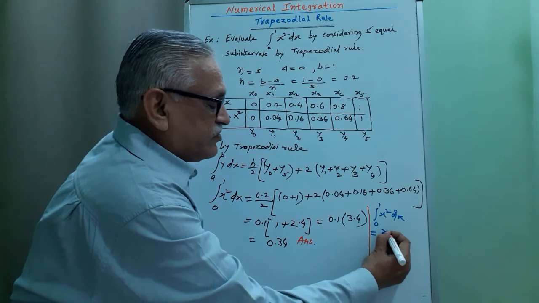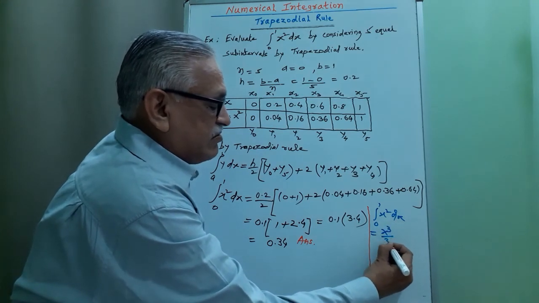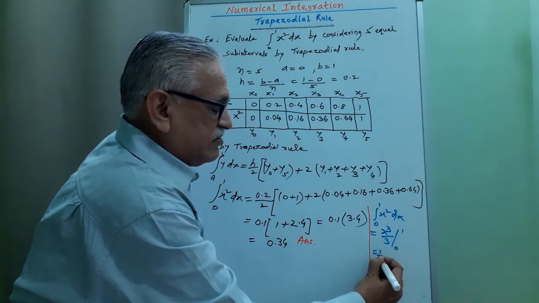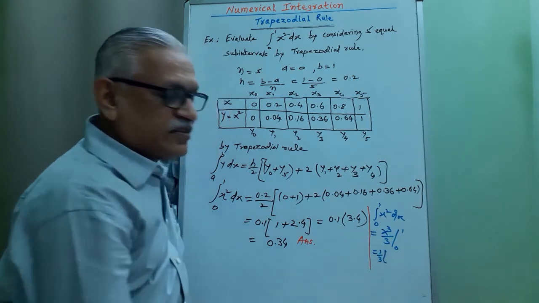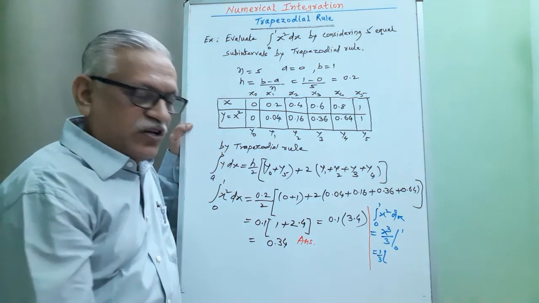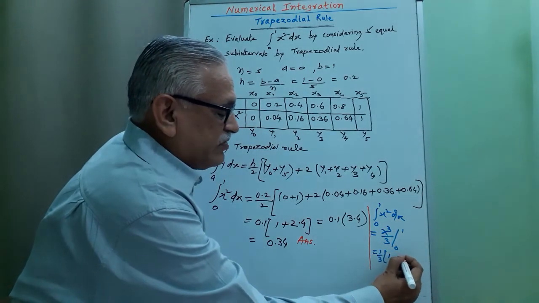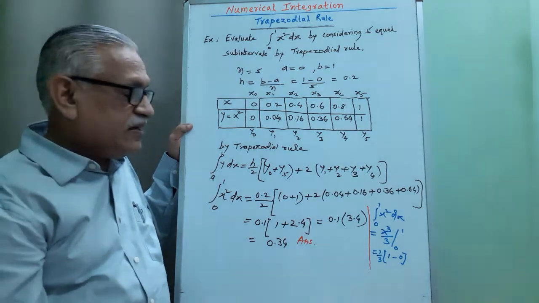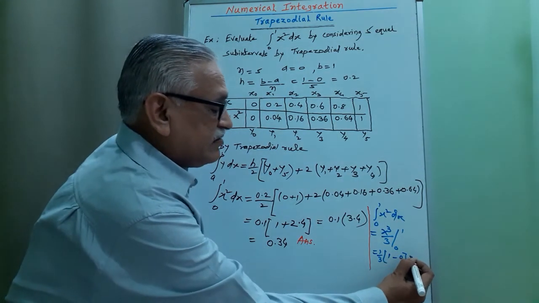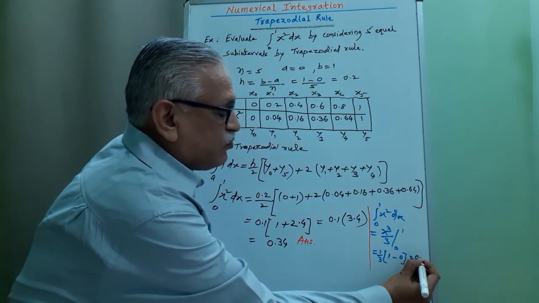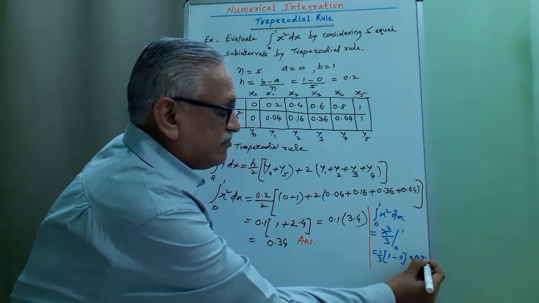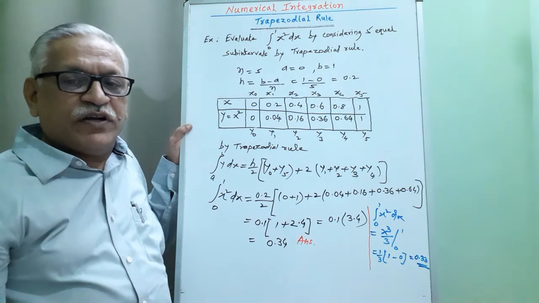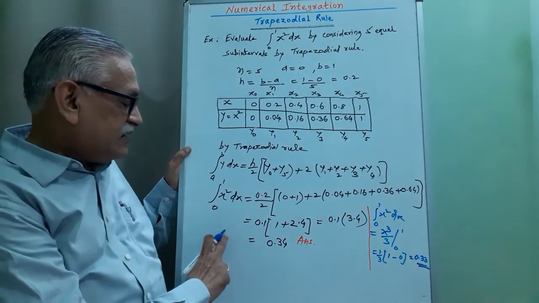Integration of x square is x cubed by 3, limit from 0 to 1. 1 by 3 outside constant as it is. And then upper limit minus lower limit. Upper limit is 1, lower limit is 0. And therefore we get that value as 1 by 3. And 1 by 3 by calculator, it is 0.33. Therefore, exact value is 0.33.